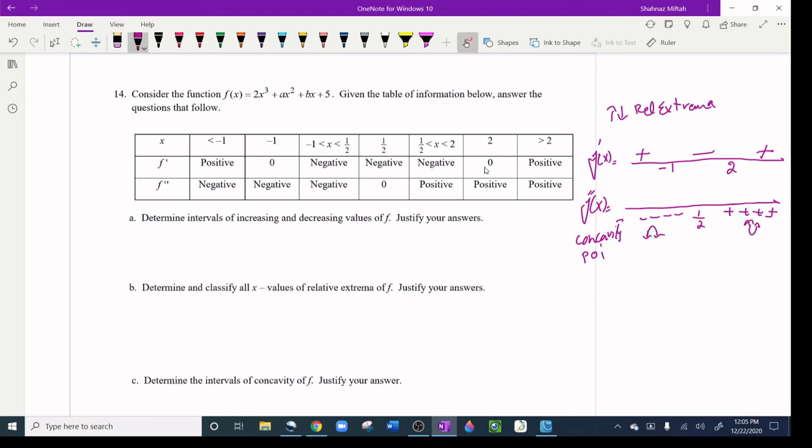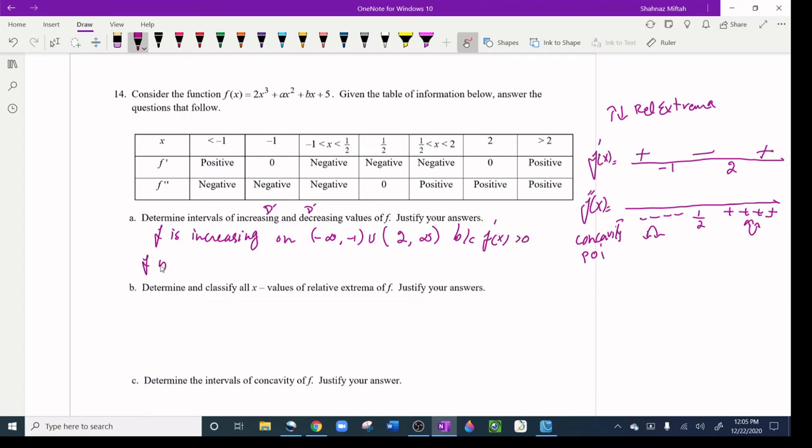Okay, let's now try. I did just use the table to get that sign chart. Determine intervals of increasing, decreasing. Increase, decrease works with first derivative. So this is my first derivative. Where am I increasing or decreasing? I'm going to say f is increasing on negative infinity to negative 1, and 2 to positive infinity, because f prime x is greater than 0.